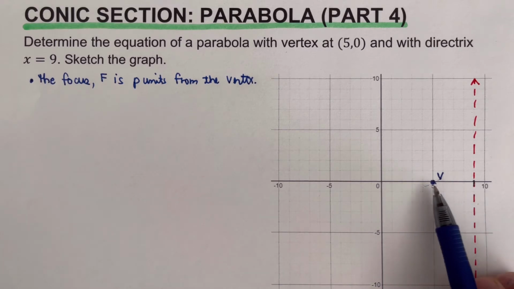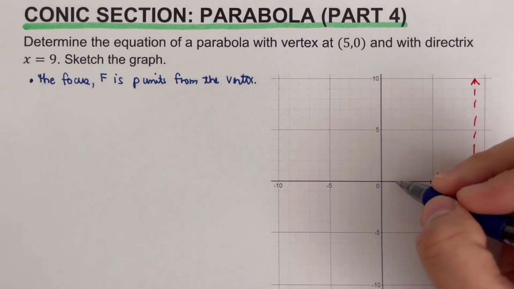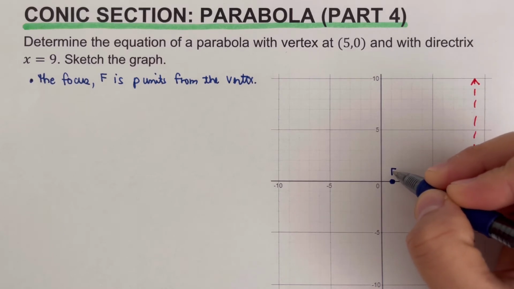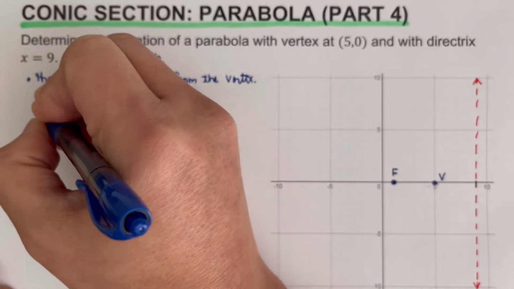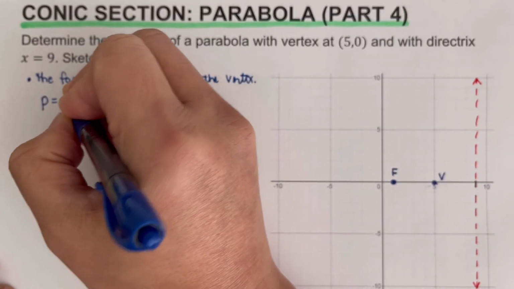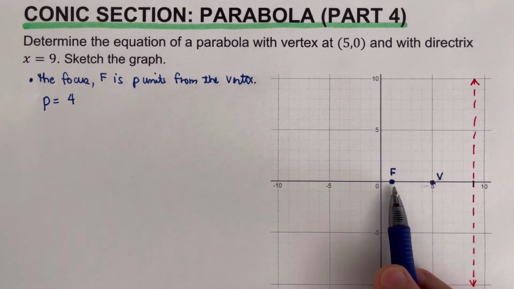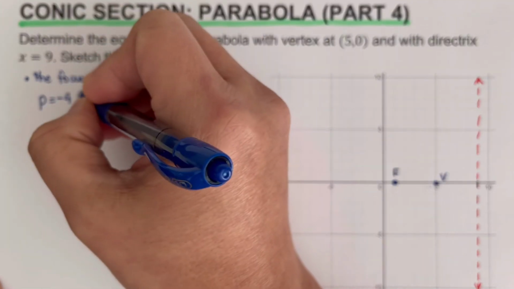So I go the opposite side, 1, 2, 3, 4. And this is where our focus is going to sit. So I'm going to label this as F. This tells us that our p value is 4. However, we are taking a negative value. The reason for that is our focus is to the left of the vertex. So I will put negative here and label this.